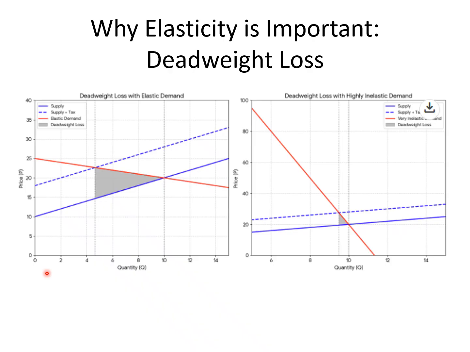And this new tax goes into place, and what that causes is the supply curve to shift left, so it goes from here to this curve, and the new equilibrium goes from this 10 and 20 to this new amount, which looks like it's about 5 and around 23 in terms of price. And the deadweight loss will be this triangle right here.